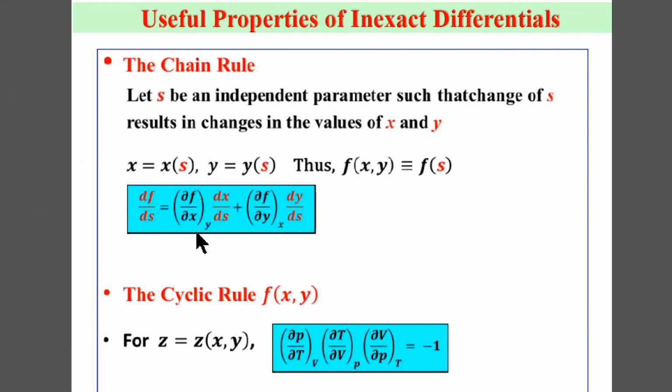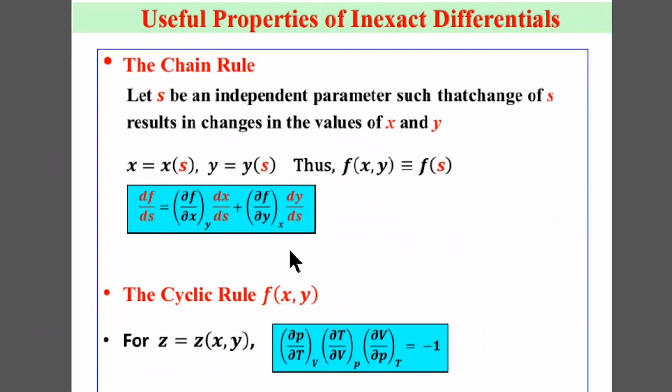Initially it would have been df/dx at constant y into dx, plus df/dy at constant x into dy. Now you are differentiating with respect to s, so here it becomes dx/ds, and here it becomes dy/ds.